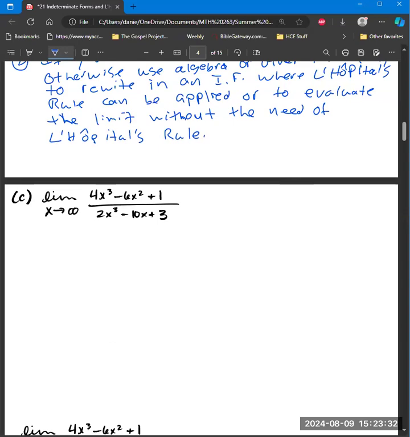Three, if you cannot direct sub because the limit's going to infinity, then analyze the end behavior.